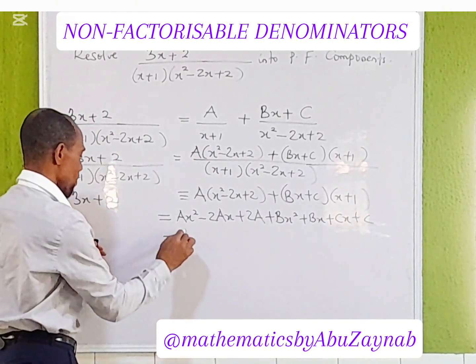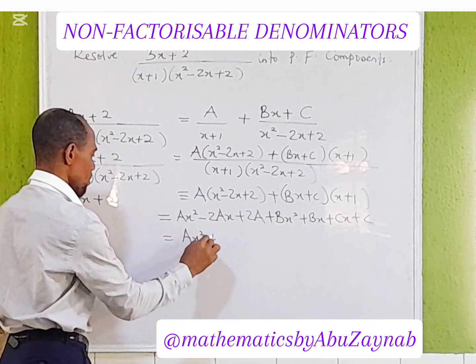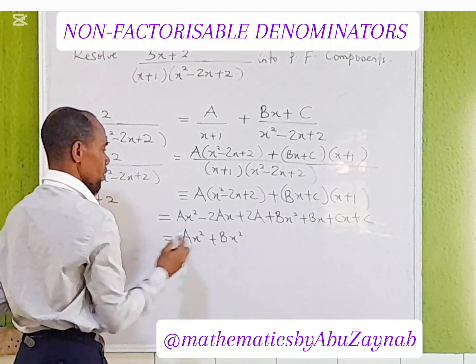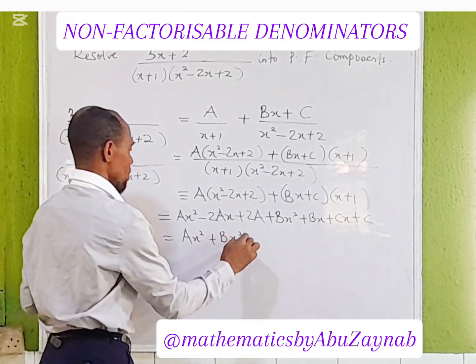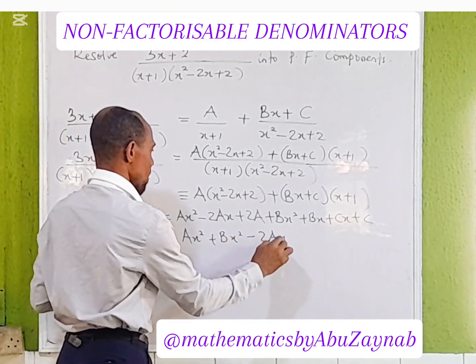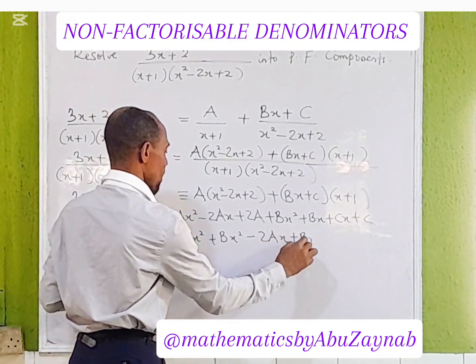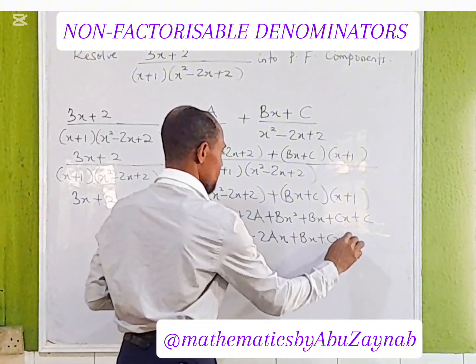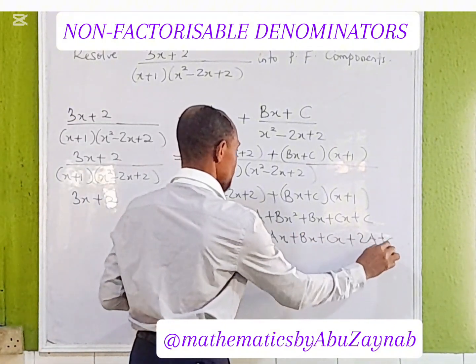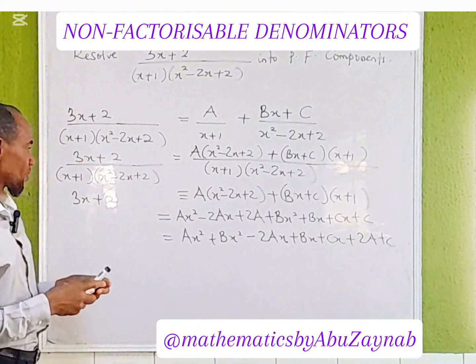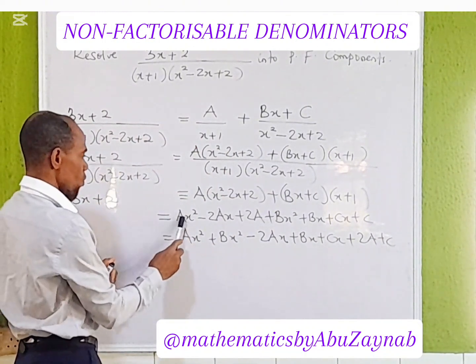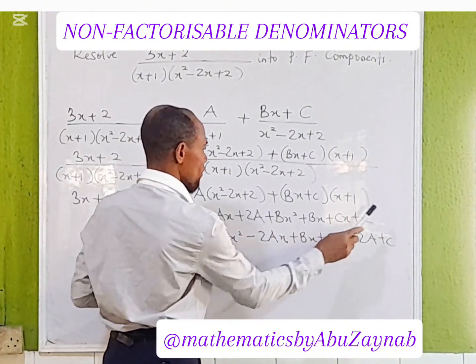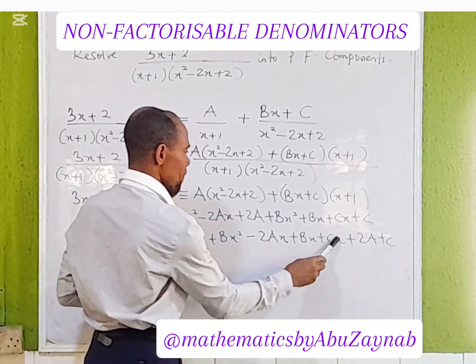We have Ax squared plus Bx squared for the x squared terms, then minus 2Ax plus Bx plus Cx, and lastly the constants, 2A plus C. Again, to be sure we have not left out anything, we count the terms: 1, 2, 3, 4, 5, 6, 7 in each.